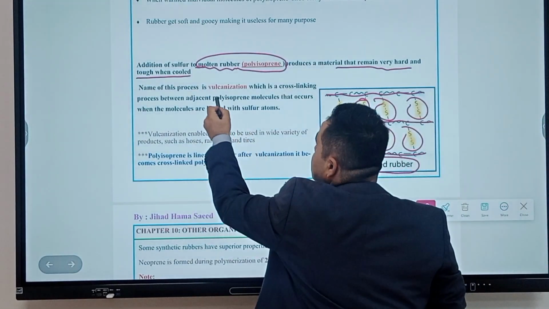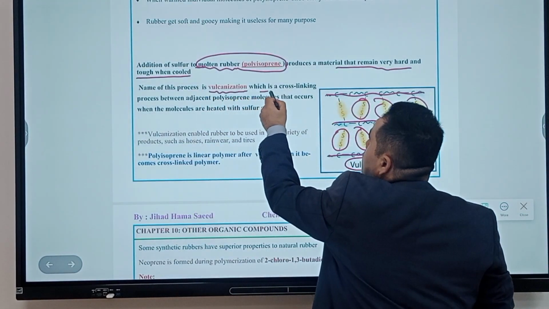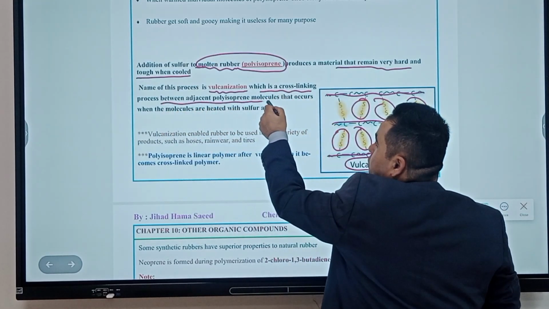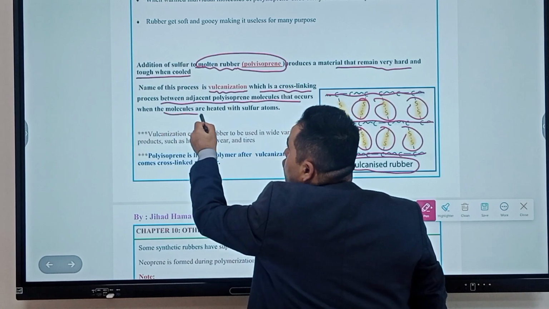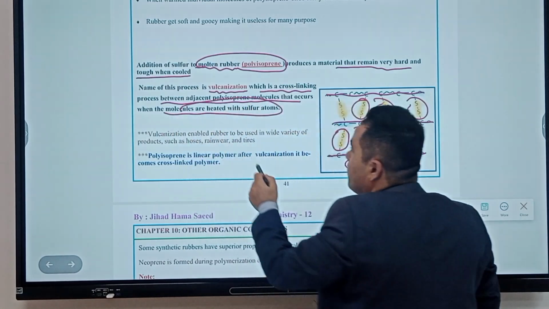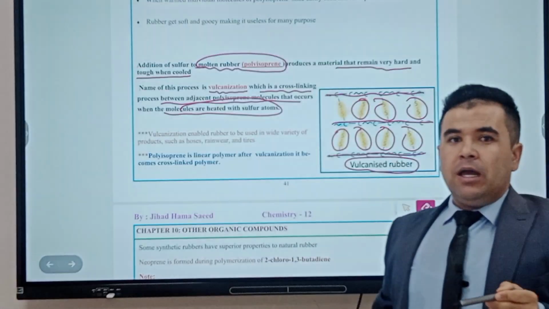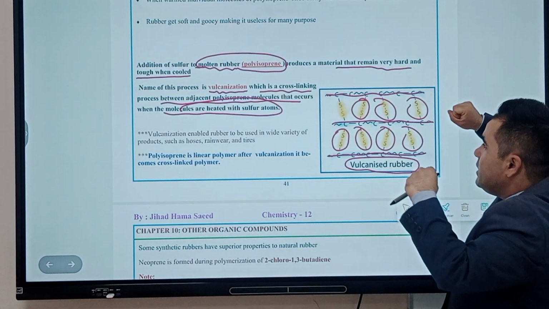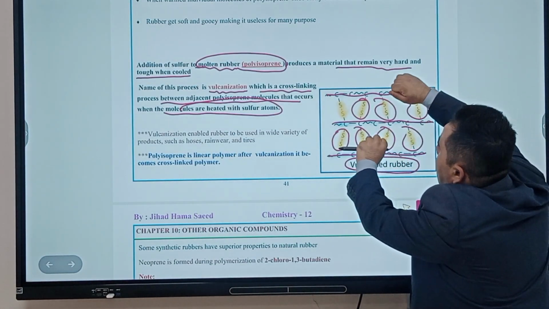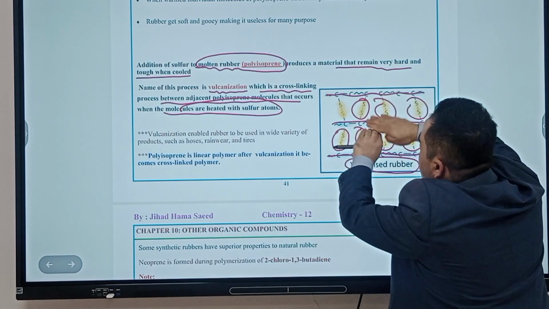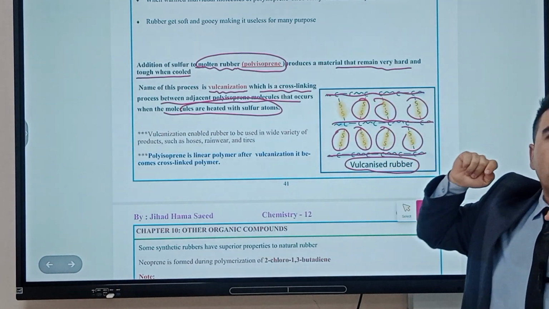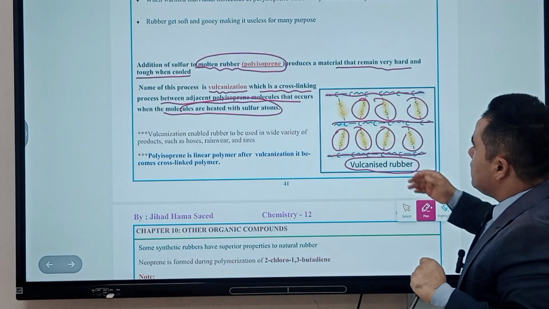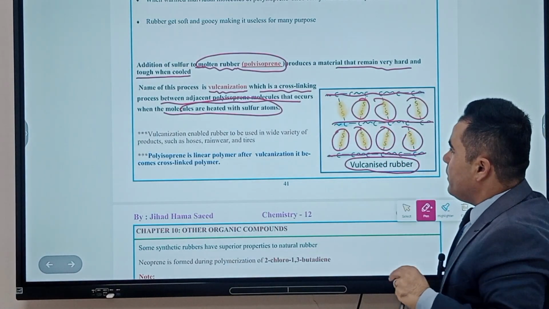Vulcanization is a cross-linking process between adjacent polyisoprene molecules that occurs when the molecules are heated with sulfur. With the sulfur, there will be linkages between them, so it becomes a cross-linked polymer, and this process we call vulcanization.